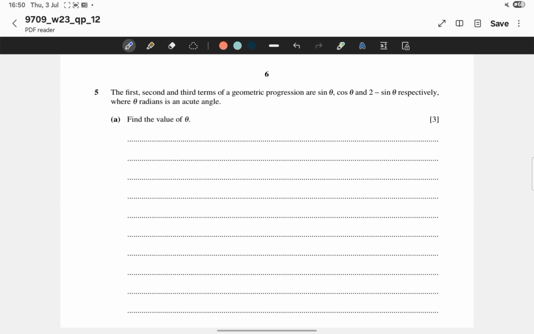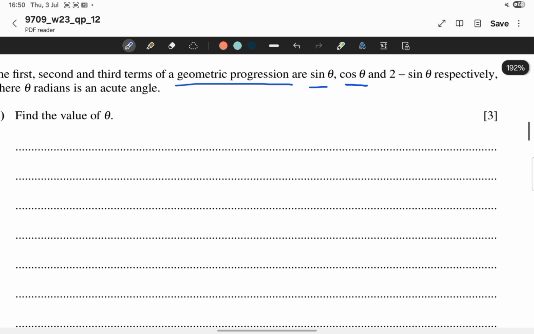So we know that for a geometric progression, there has to be a constant common ratio, and we get that by saying cos theta, which is the second, over the first, right? And it's constant, meaning that 2 minus sine theta over cos theta will give us the same ratio.